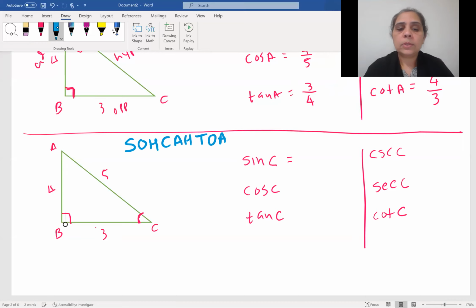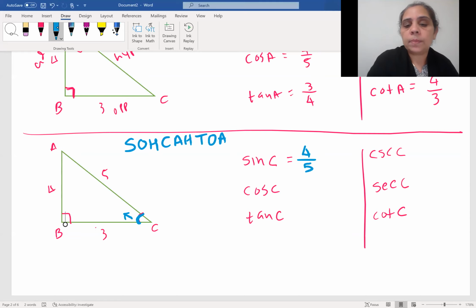right? So sine is here, sine C. We are looking for this angle. What is the opposite side? Opposite side is 4, and hypotenuse is 5. So sine C is 4 over 5. Cosine C is what is next to this angle, this is the adjacent side, so we have 3 over 5.